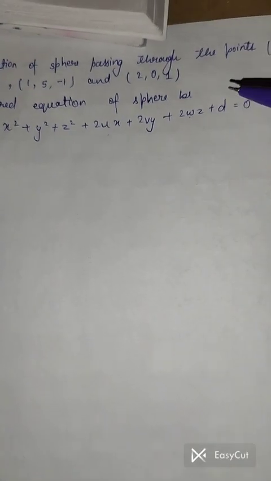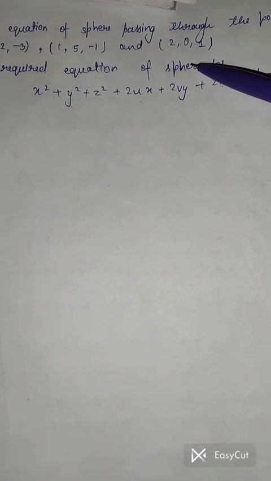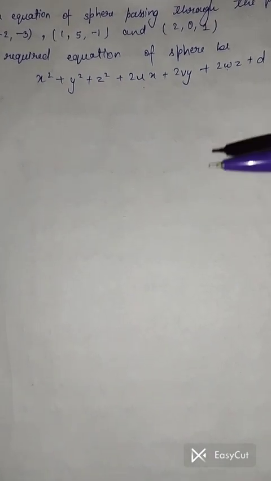So basically what we have to do, there are the 4 points given, and in the question it is given that the sphere is passing through these 4 points. So these 4 points will satisfy the general equation of the sphere.